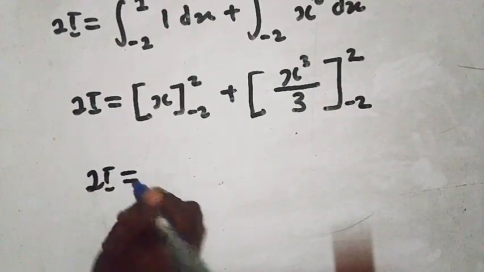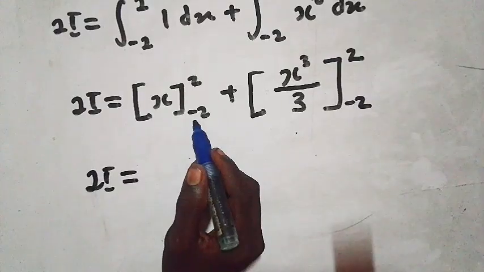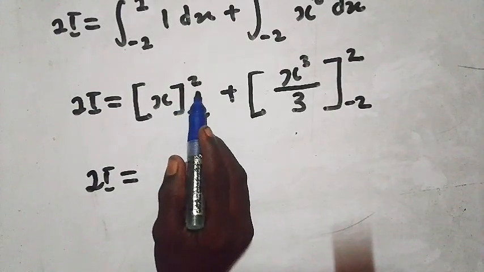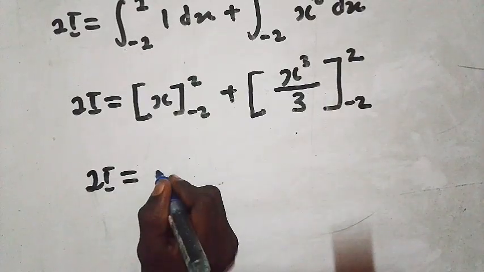2I will now be equal to, by substituting these values, whenever x is 2, this will give us 2.